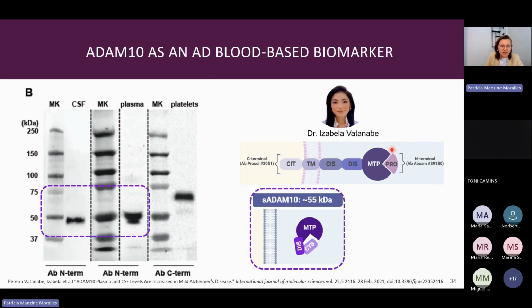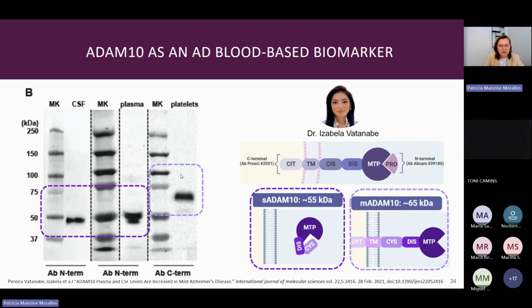On the other hand, we observed a band of 60 kilodaltons, present only in platelets, which we had seen before, and which could only be detected with a C-terminal antibody. So this is a specific isoform.